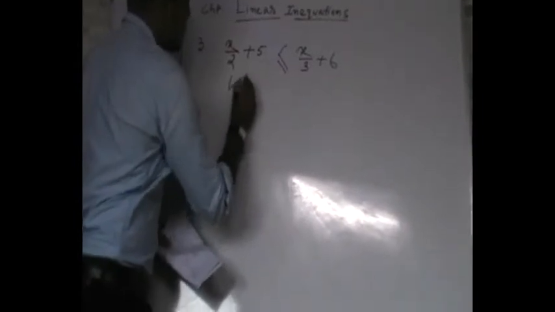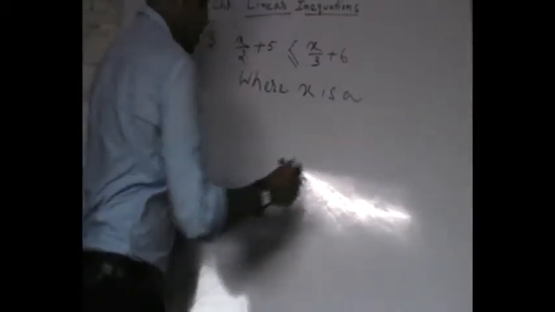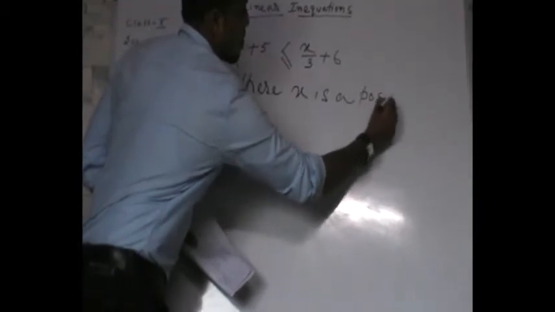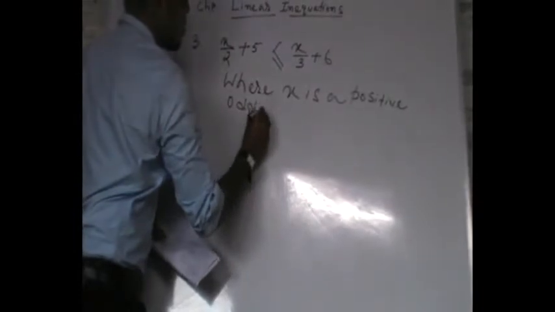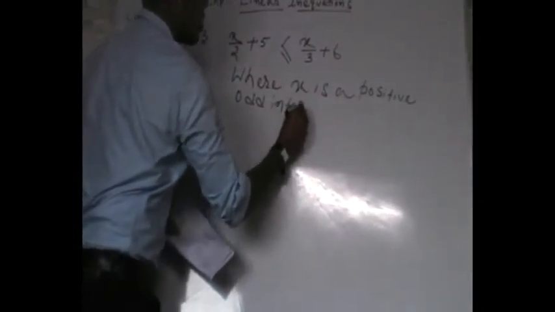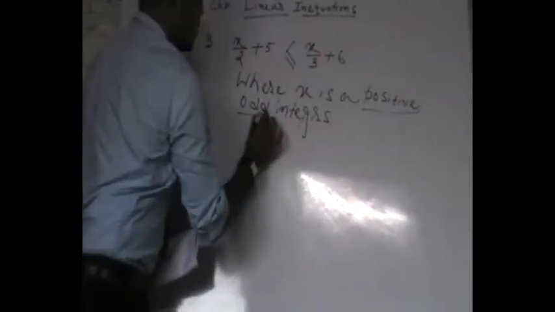And one more thing is mentioned here, where x is a positive odd integer. Where x is a positive odd integer is the main condition, positive and odd. So let's start the sum.